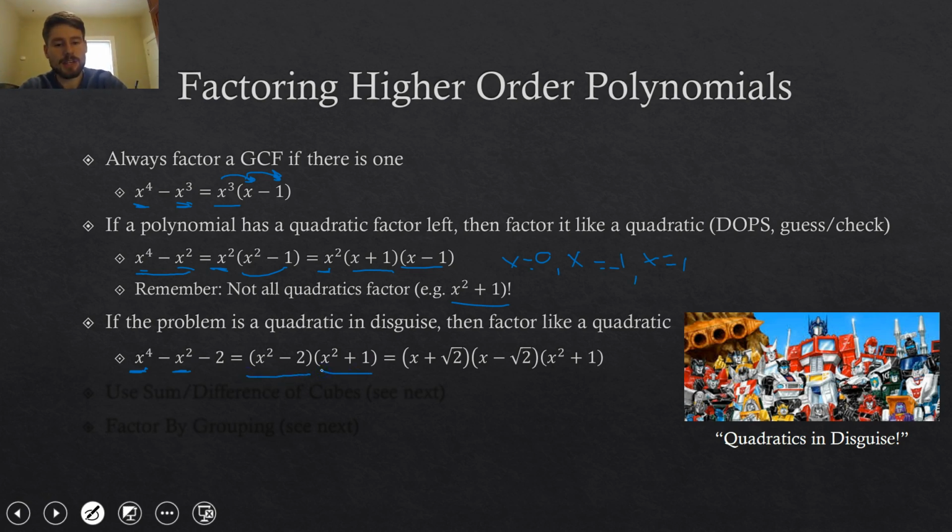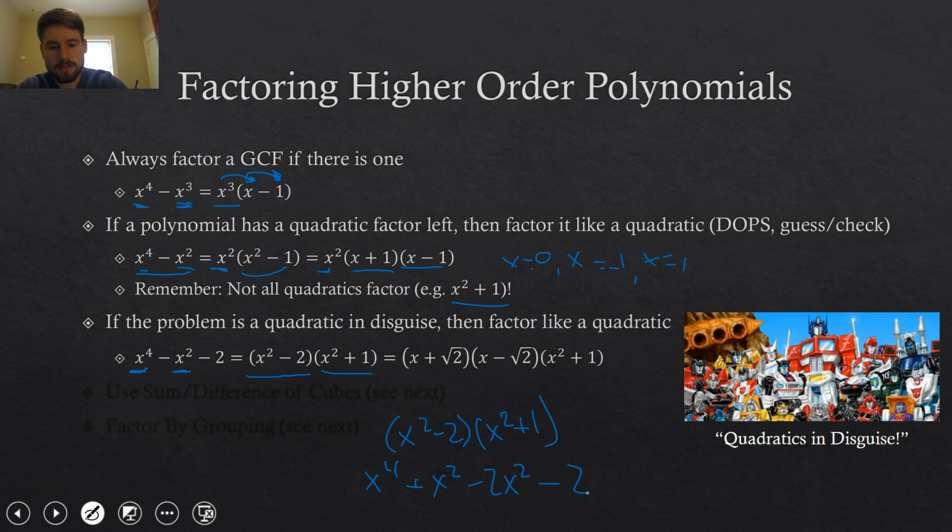To see that's actually equal, let's FOIL it real quick. (x squared minus 2)(x squared plus 1). And so the x squared multiplies, and that gets us x to the fourth. X squared and 1 gets us x squared. -2 and x squared is minus 2x squared. -2 and 1, that's going to give us minus 2.